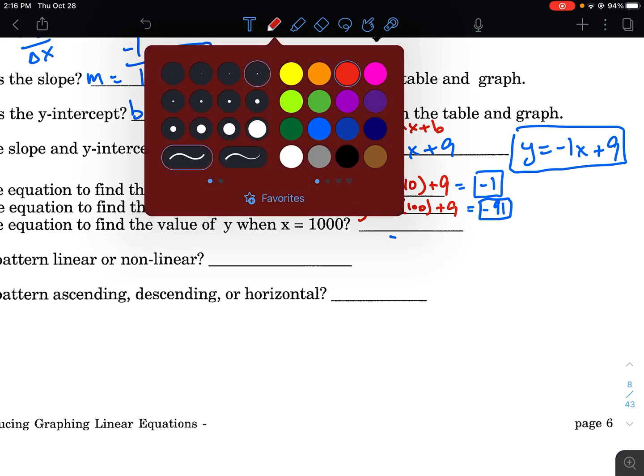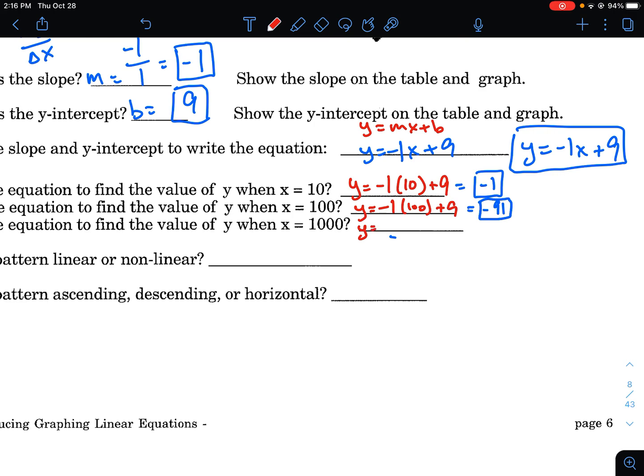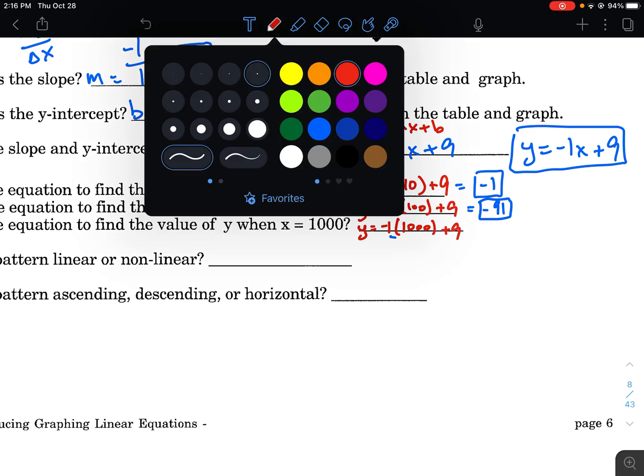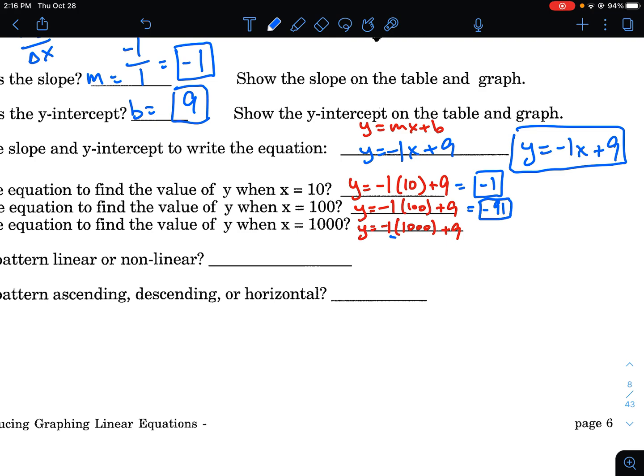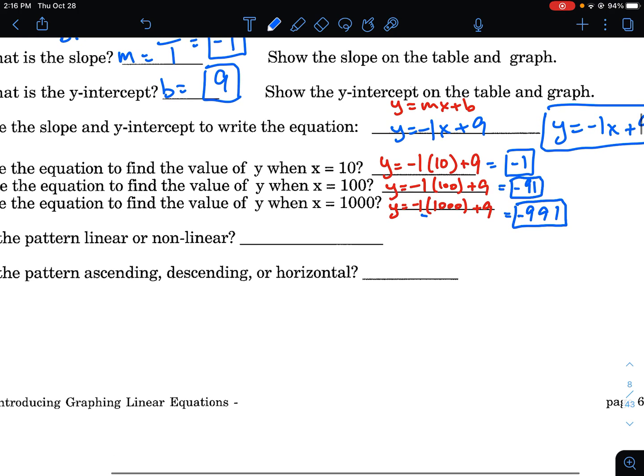And finally, what if x is 1,000? y equals -1 times 1,000 plus 9. And -1 times 1,000 is -1,000 plus 9. Subtract. 1,000 minus 9 is 991. And it's negative because our -1,000 is bigger than +9.